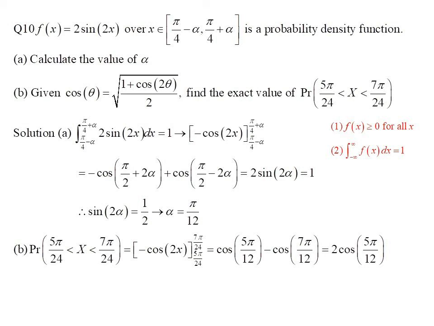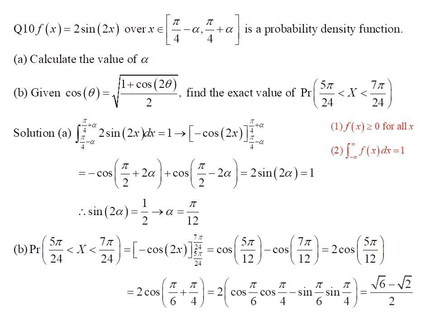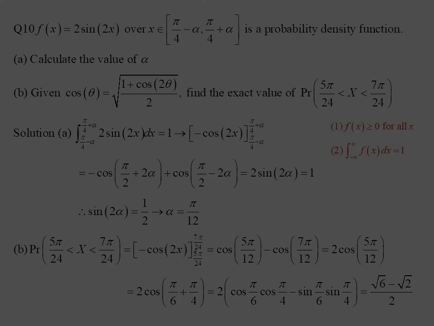However, here we just use the angle addition formula to calculate this value, because 5 pi over 12 can be separated as pi over 6 plus pi over 4. Hence, we worked out the result of 2 cosine 5 pi over 12, which is square root 6 minus square root 2 over 2, as we show here.